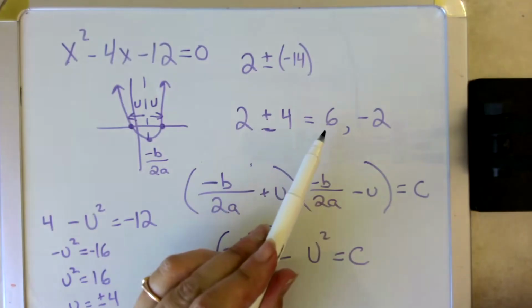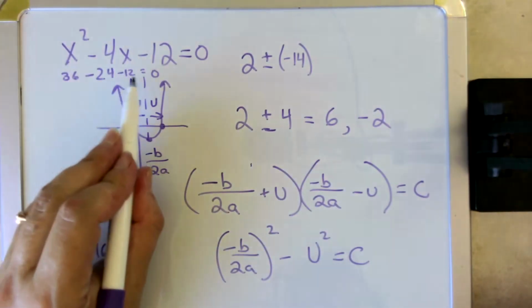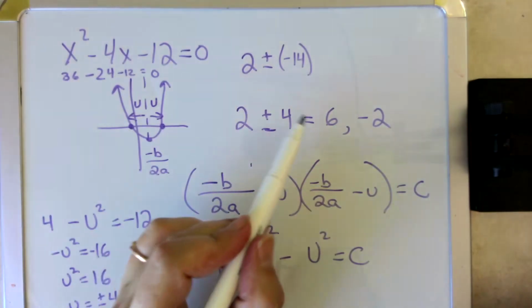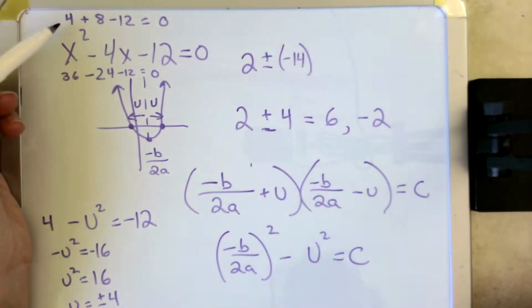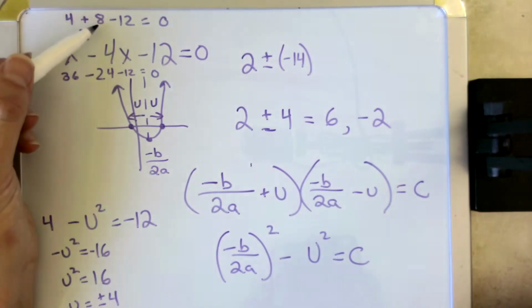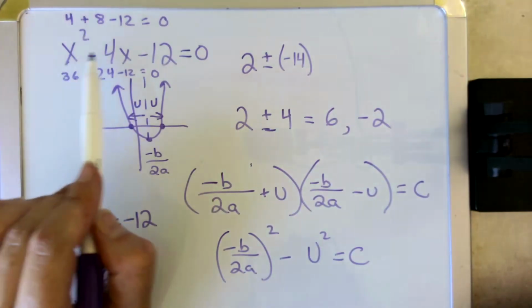If I try 6, that's 36 minus 24 minus 12, which is 0, and that pans out. And if I try negative 2, that winds up being a positive 4, plus 8, minus 12 equals 0, and that also pans out. So that is the Po-Shen Loh method on a relatively simple one.